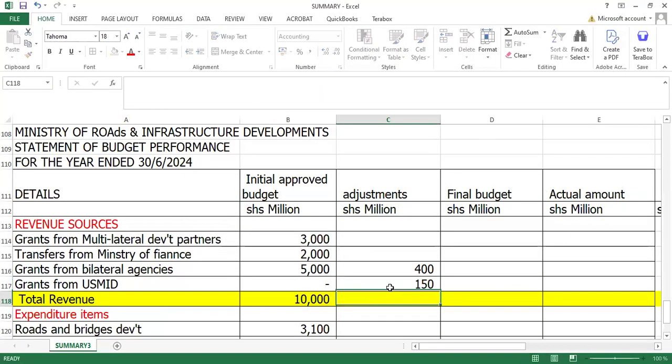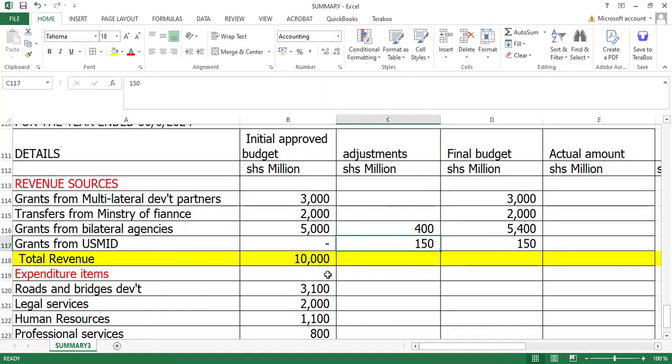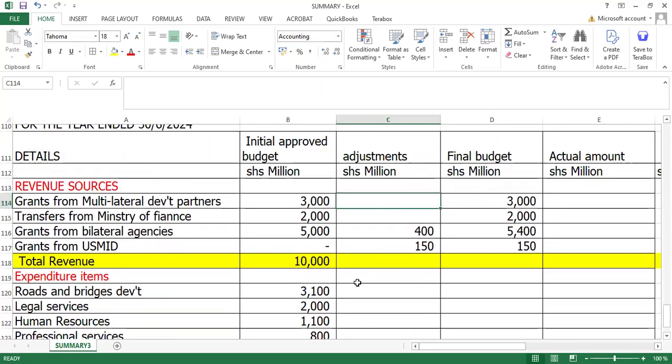So it means that our final budget, because we don't have any other money, is simply the initial approved budget plus the adjustments. Here it is plus. For revenue it will always be a plus, because how can it be a minus?